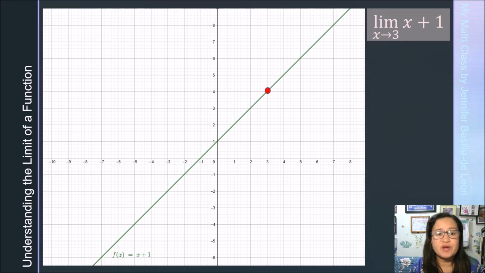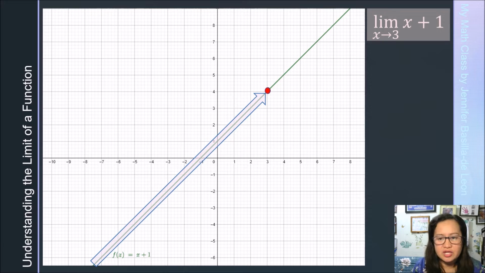Let us trace the graph. From the left, as our pen approaches 3, the value of f of x becomes closer to 4. As we trace the graph from the right, we can see that as x approaches 3, the value of f of x also gets closer and closer to 4. Therefore, we can conclude that as x approaches 3 from either left or right, the value of f of x gets closer and closer to 4.